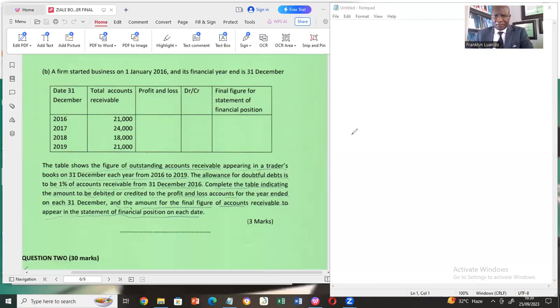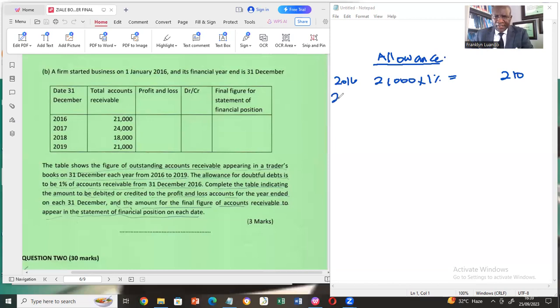So the first thing that we need to do is to calculate the allowance. So the allowance here at each year end will be 2016. The receivables were 21,000. Multiplied by 1%. So this one is 210. That is the allowance.